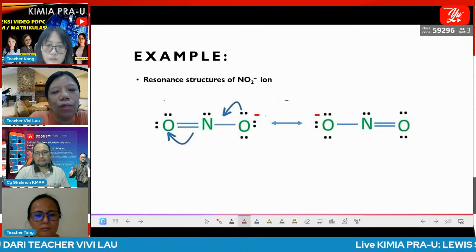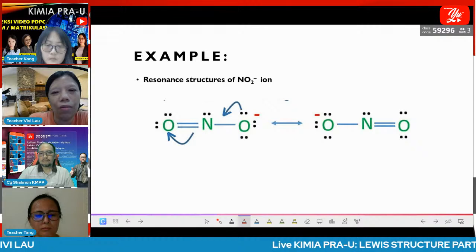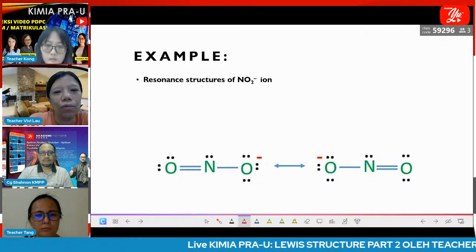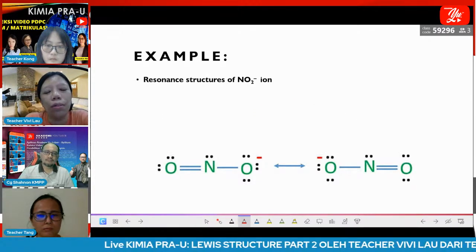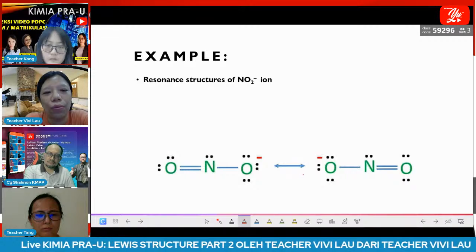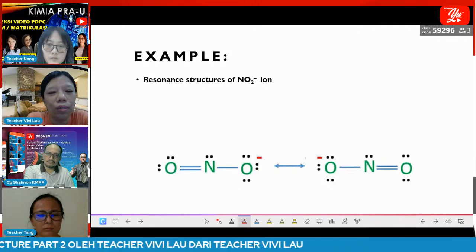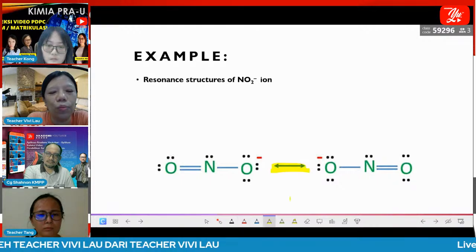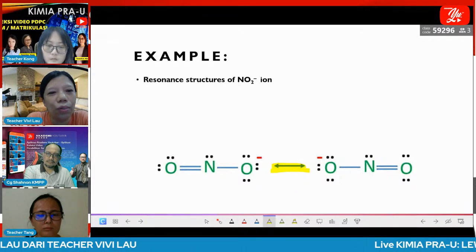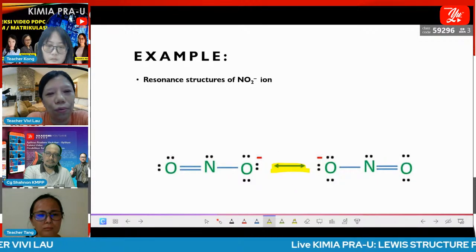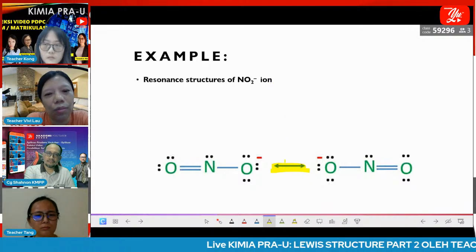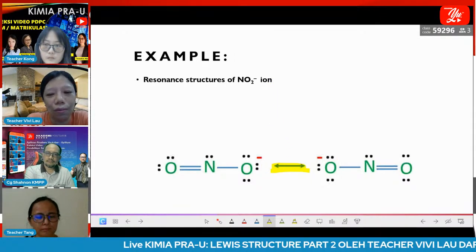So the negative charge also moves. So you can write it like this. This is the resonance structures of the NO2 negative ion. It is represented by this symbol. When the question asks you to write the resonance structures for the species, you have to draw this.